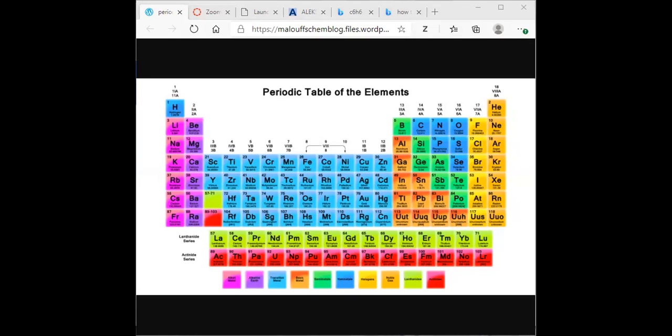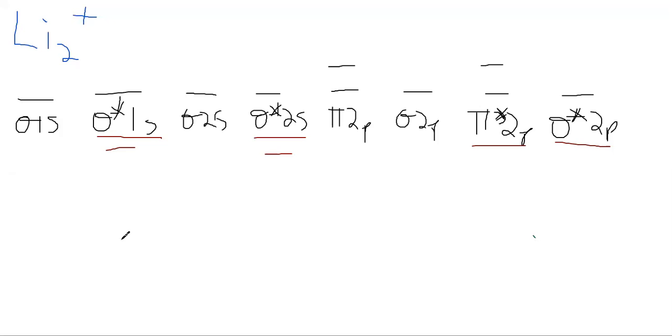So that means we need to subtract 1 electron. If this was a neutral atom or molecule, it would be 6, but we're subtracting 1 electron to give it that positive charge. So we actually have 5 electrons associated. This is actually quite easy to do. 2, 4, 5.